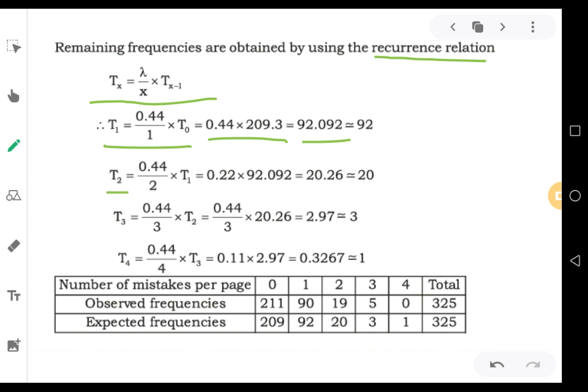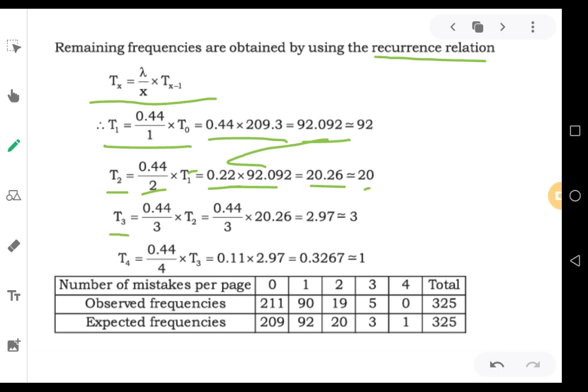Lambda by 2, that is 0.44 by 2 into T1, that is 92.092. So 0.44 divided by 2 is 0.22 into the T1 value 92.092. Just multiply both of those, you will get 20.26, that is approximately 20.